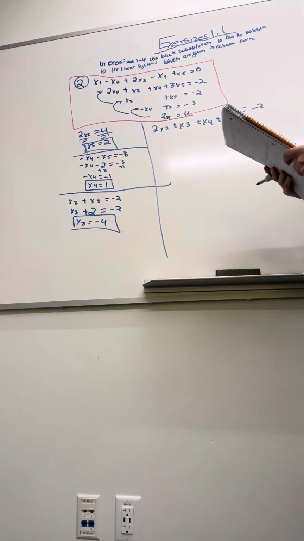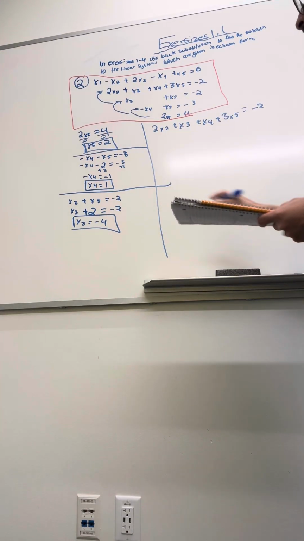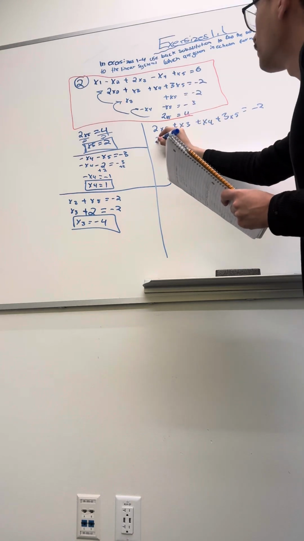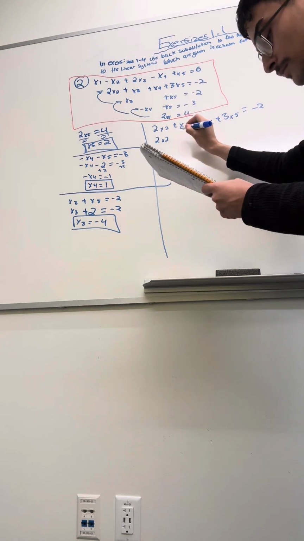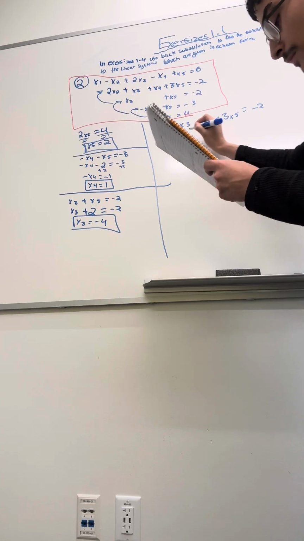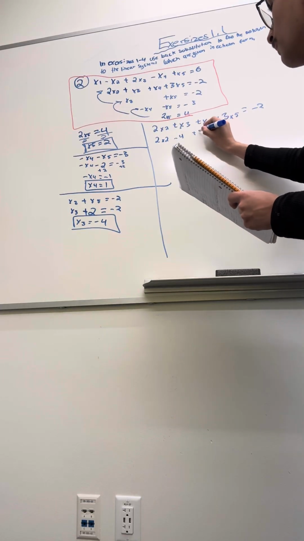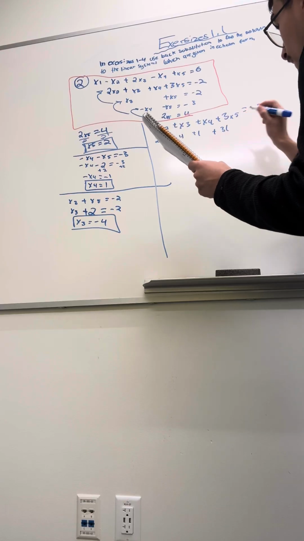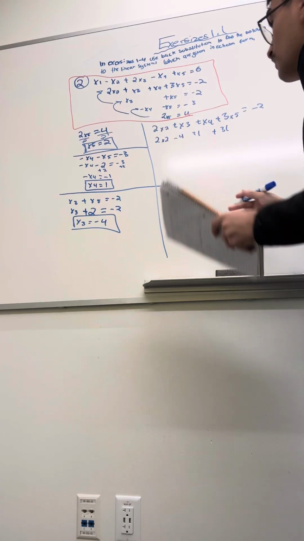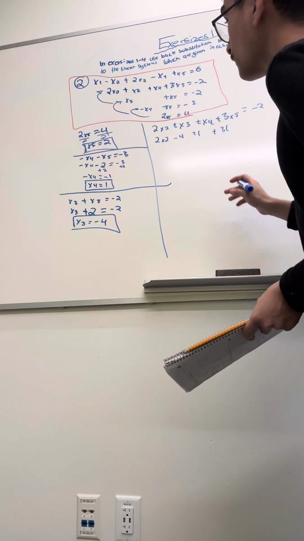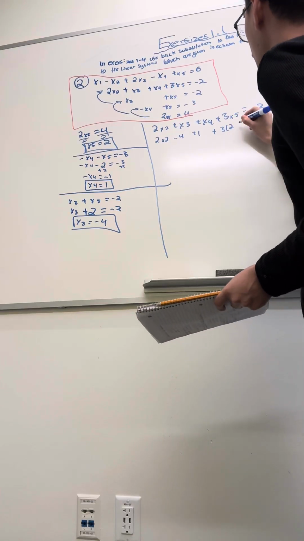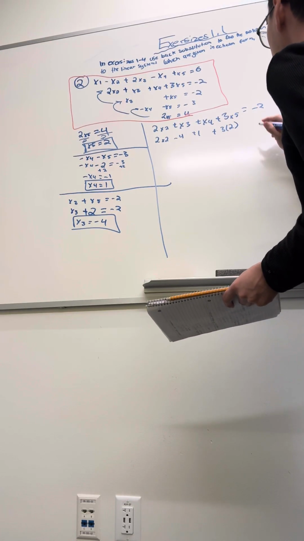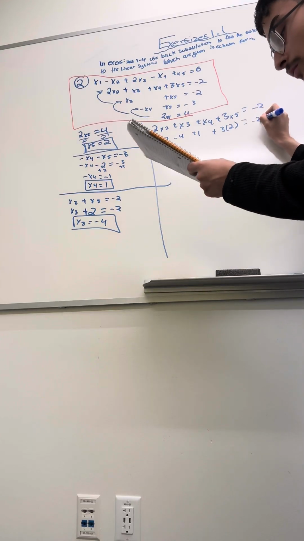We're just going to plug in the values that we already found, and we get 2x2 minus 4 plus 1 plus 3 times x5, which is 2, and that's all equal to negative 2.